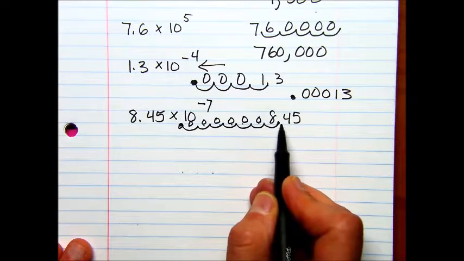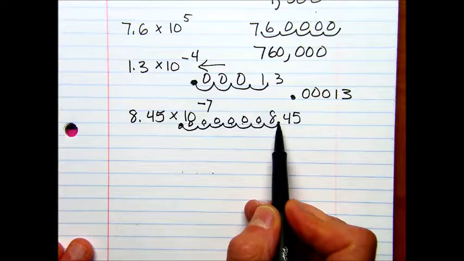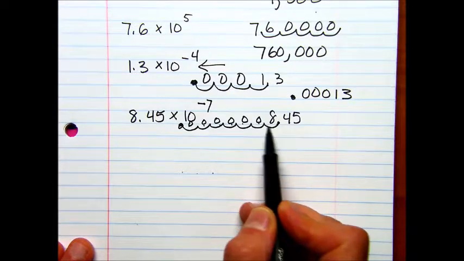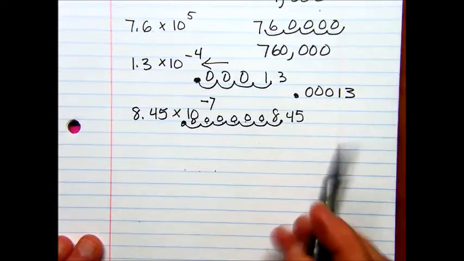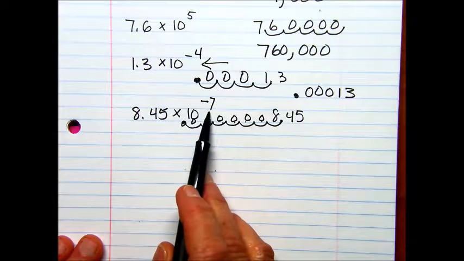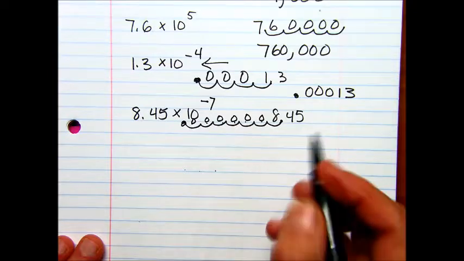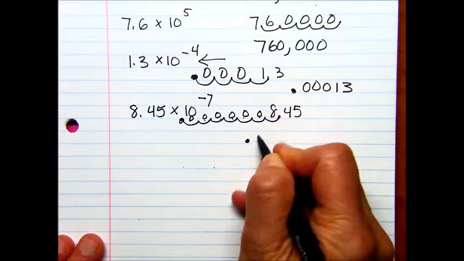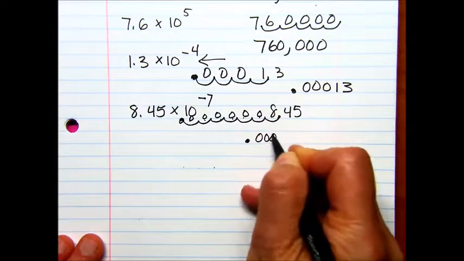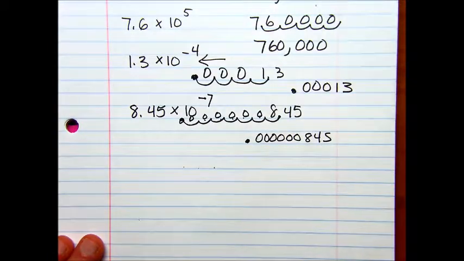Remember, in scientific notation, your number has to be equal to or larger than 1, but less than 10. So a little trick here is if your negative exponent is 7, you're really only going to add 1 less than 7, which is 6. So 6 zeros, and that's what we have, 1, 2, 3, 4, 5, 6. So our number is going to be 0.000000845.